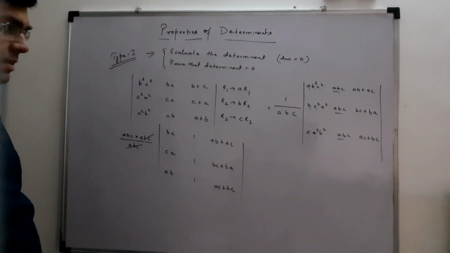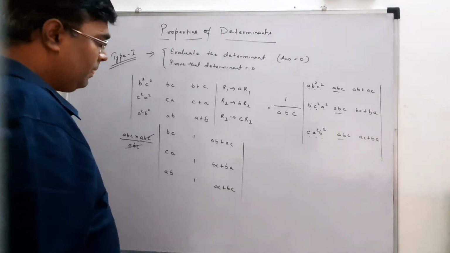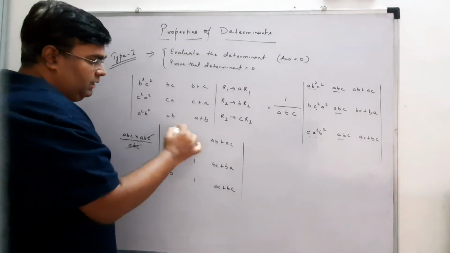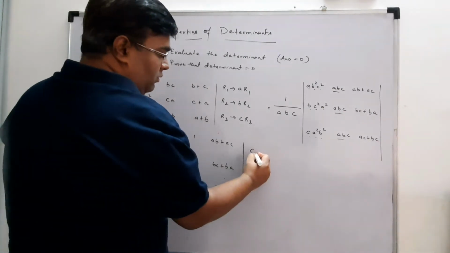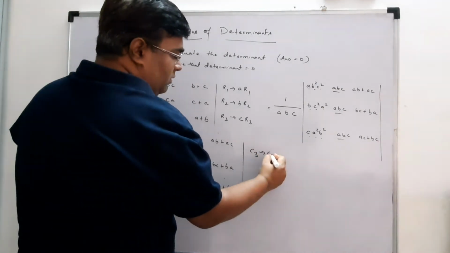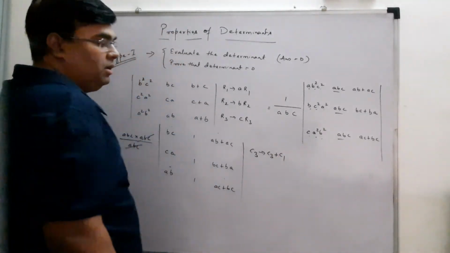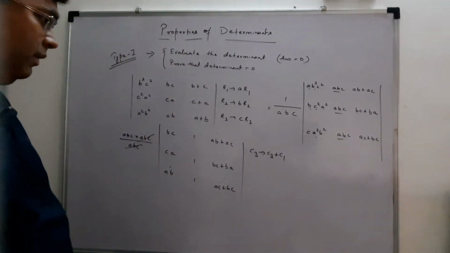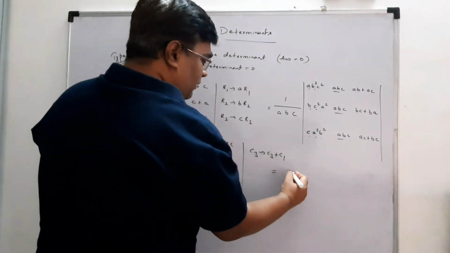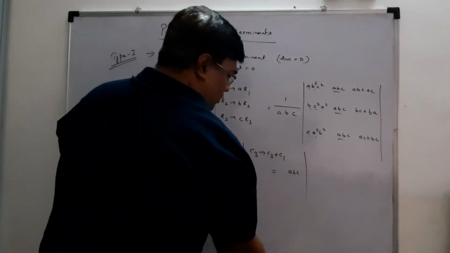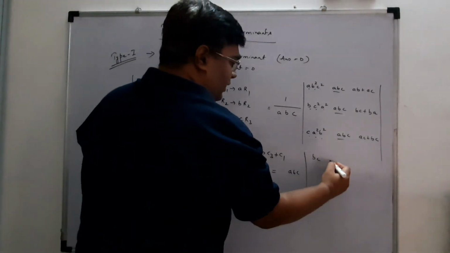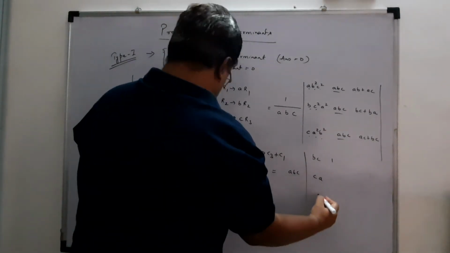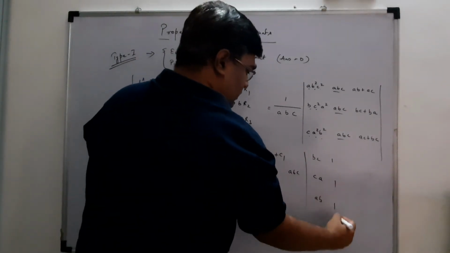Okay. My next step is, what will we do? We will add these two columns. So C3 becomes C3 plus C1. What will happen? ABC is outside. First two columns we can write as they are.